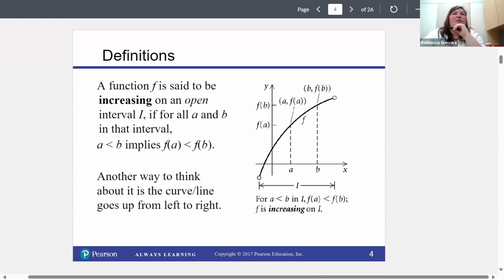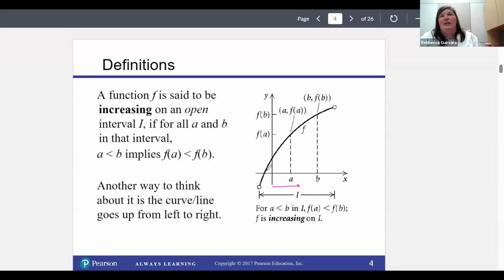So this is a more formal definition, but this is what we mean by increasing interval. As I go left to right, in this direction, what we see happens with the graph is it's going upwards. It's rising.